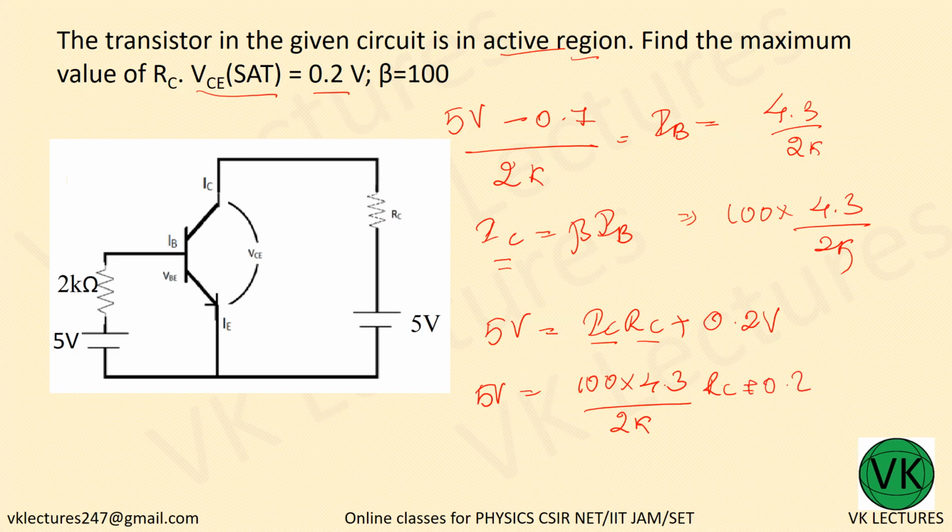So 5 minus 0.2, what is that? 4.8 is equal to 100 into 4.3 divided by 2k into RC. So RC is 4.8 into 2k divided by 100 into 4.3. Okay, that is what your RC is. So what is that value? Around 9.6k divided by 430.